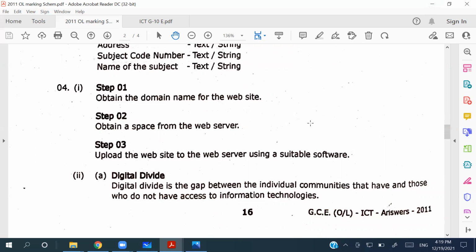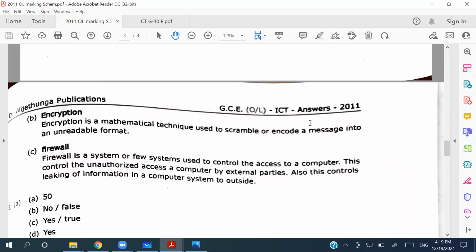And then they're asking about encryption. Encryption is a mathematical technique used to scramble or encode a message into an unreadable format.